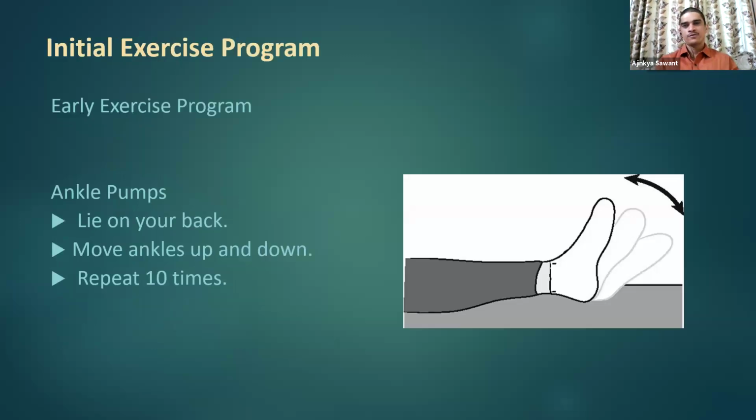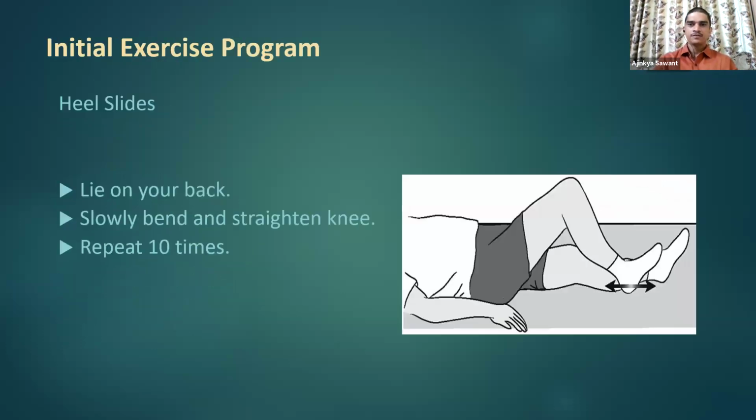Initial exercise program, what we do with conscious patients: ankle pumps. Lie on your back, move ankles up and down, repeat 10 times. Very easy. Then heel slides. These are basic exercises to make the patient active, to increase blood circulation throughout the body, to start functioning of the muscles, and to reduce atrophy of the muscles.